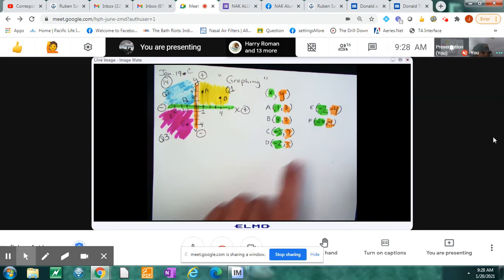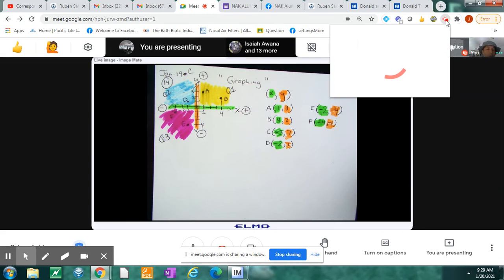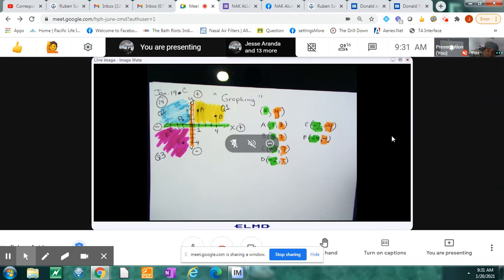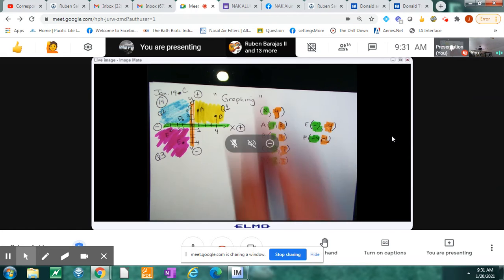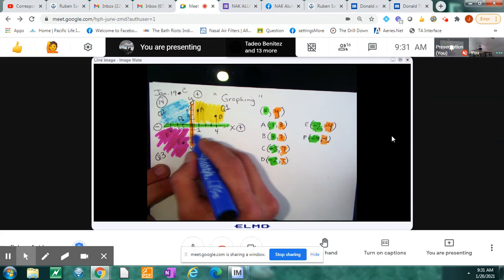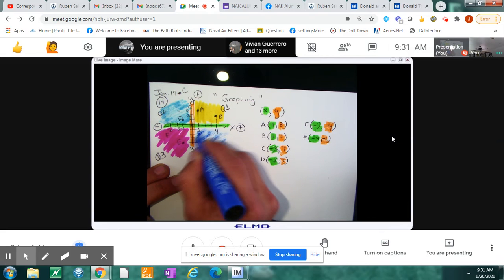So remember... Say it again. 4. Okay, so obviously quadrant 4, I got to pick a different color. I think I have a dark blue. This one's permanent. Yeah, the dark blue. It's all good.